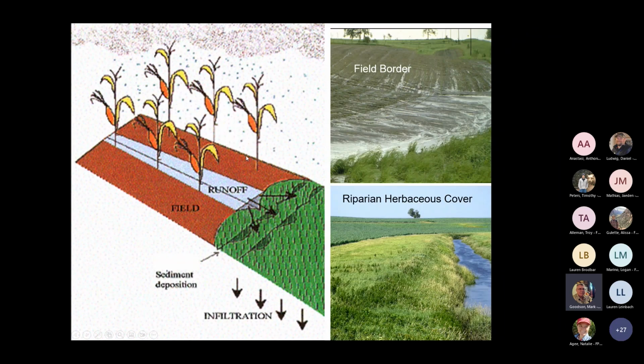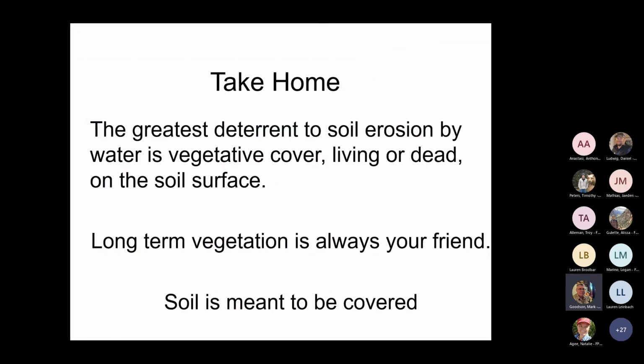So what I'm showing you with this avoid, control, and trap is that you can mix and match the conservation practices to avoid, control, and trap the pollutants. And they need to be used in a suite.